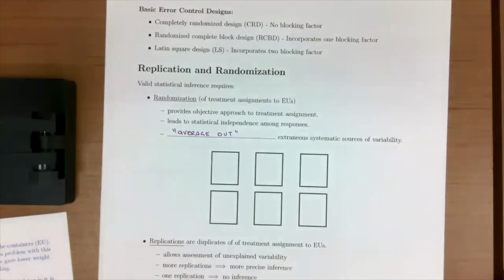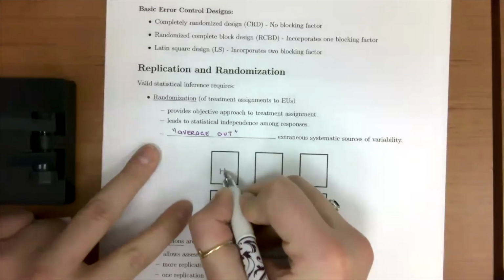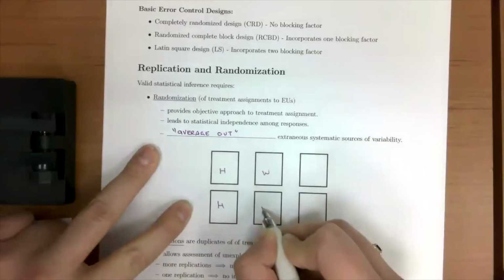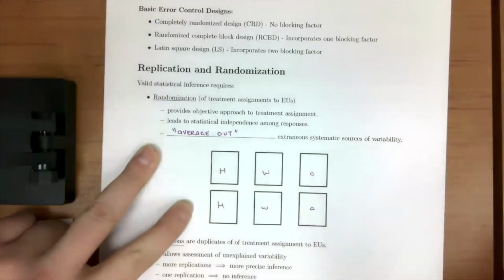And so what I mean by that is, if here is our shrimp example again, where we have our hot, hot, warm, warm, cold, cold, randomly assigned.